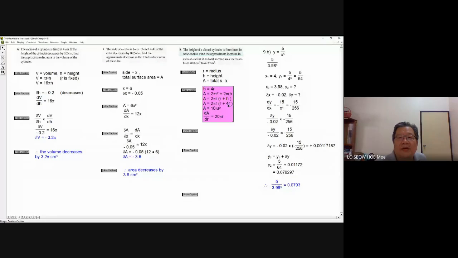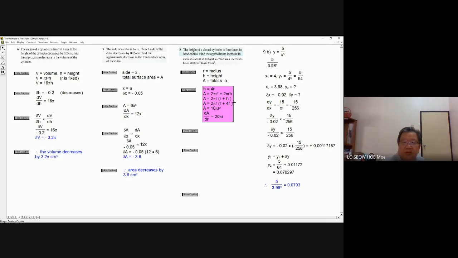If you don't replace, you cannot differentiate A with respect to r. There are two variables there, r and h. So you have to replace h with r, so that your final answer involves only r. If there's an h there, you cannot differentiate with respect to r, because h is also a variable.